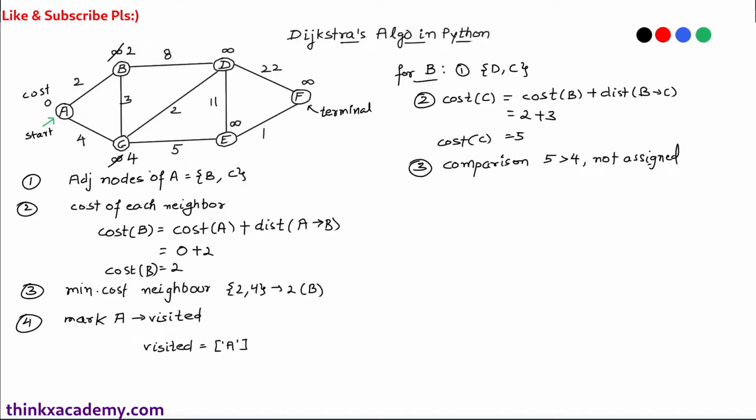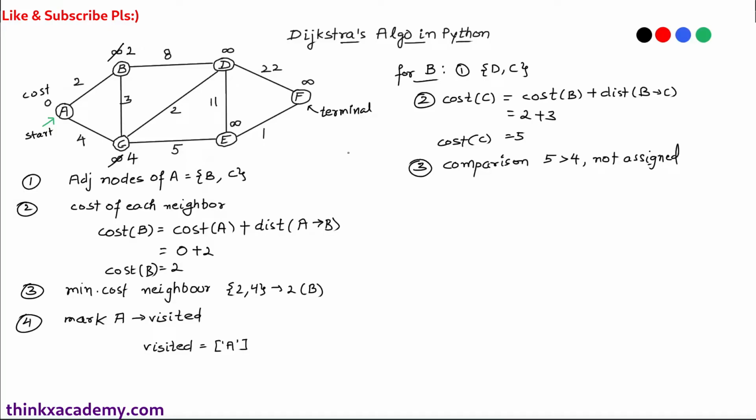The reason we are doing this is because this cost is the cost of B, which takes a path from A to B, and that's why we got the cost 2, and from B to C we have 3. So the cost is 5.